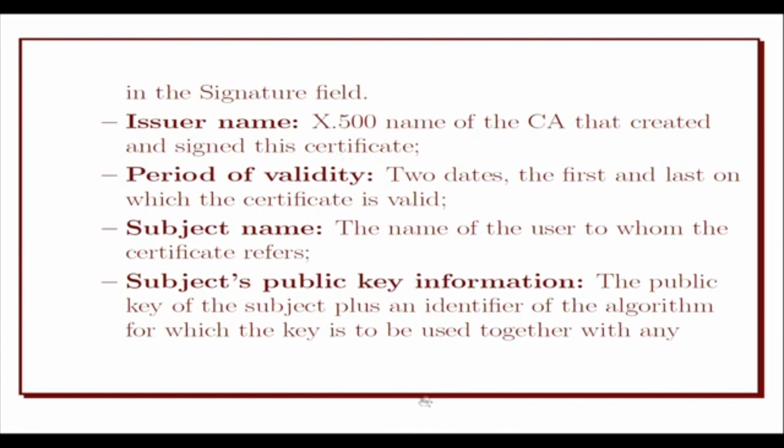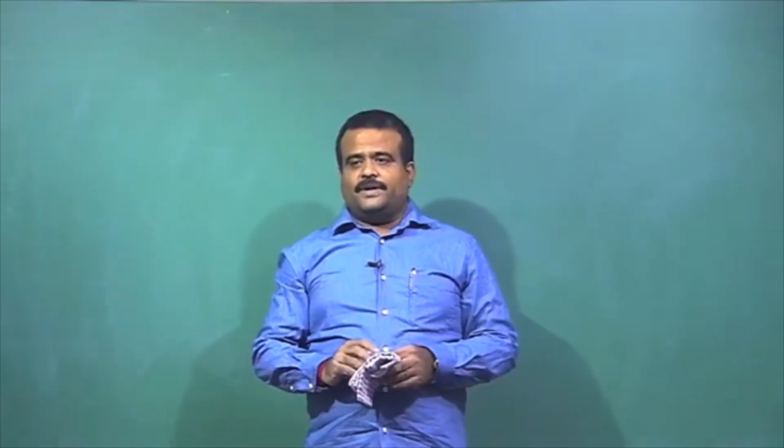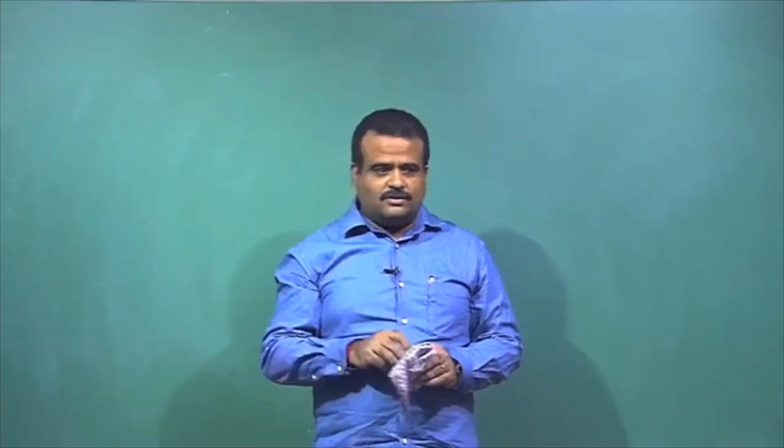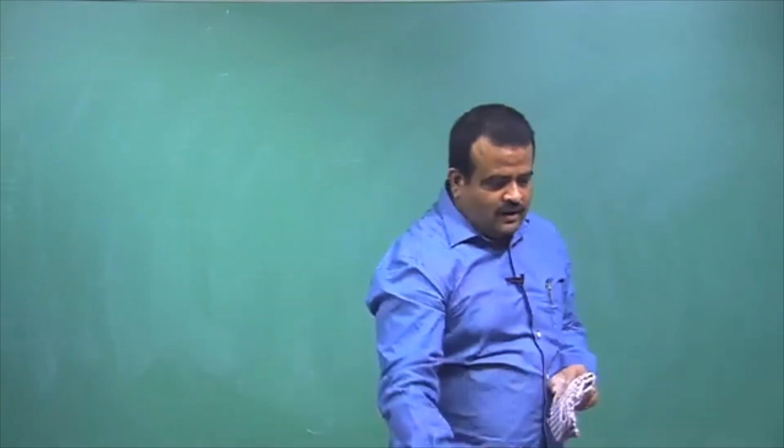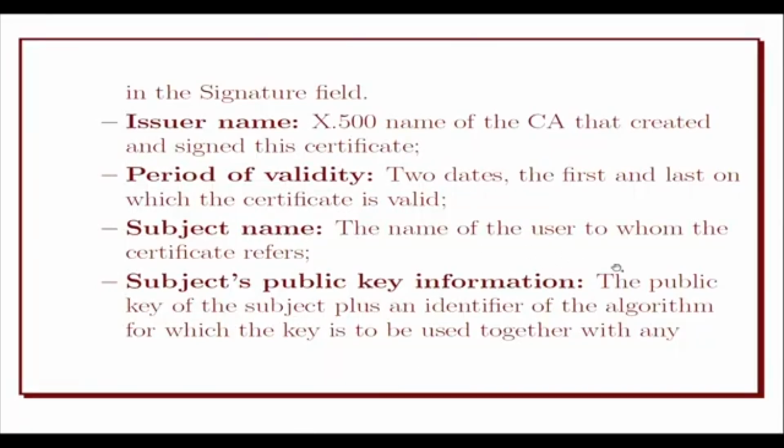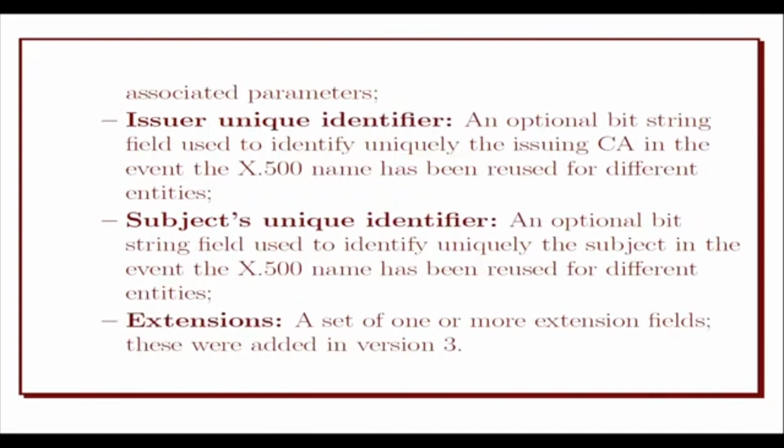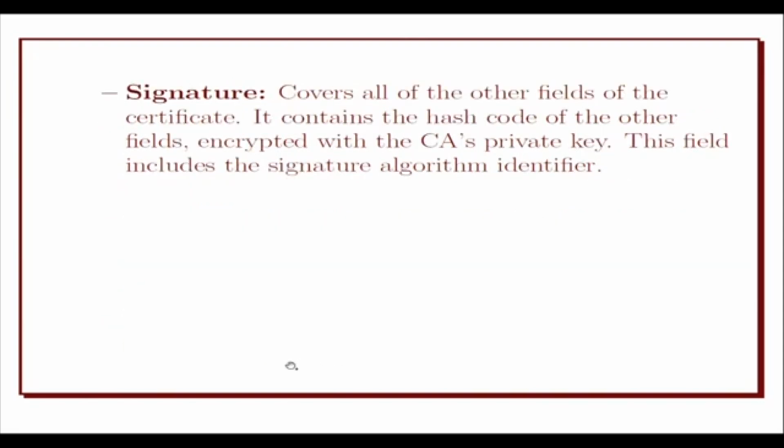Period of validity: how many days you want this certificate to be valid, so that field is also needed. Then the subject name, the name of the user or participant. Then the public key information; we need to keep the public key in the certificate, that is the public key of the participant. Then the issuer unique identification, the subject unique identification, extensions, and then the signature.